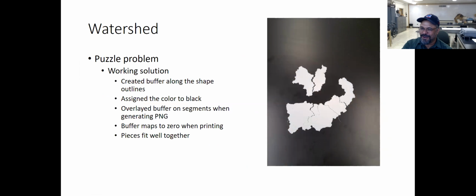So it's giving you a nice little edge along all the shapes that line up and match up very well. How do you decide how big of a buffer to put on there? That's why I'm still tweaking that piece, but I'm doing it in meters, like 25 meters on each side of the line, or 50 meters on each side of the line. Okay, so it's enough that it's cutting a little strip out, but it shouldn't change the overall.